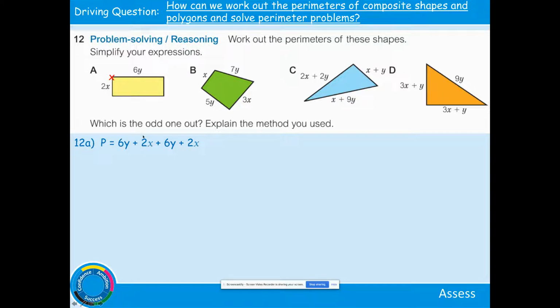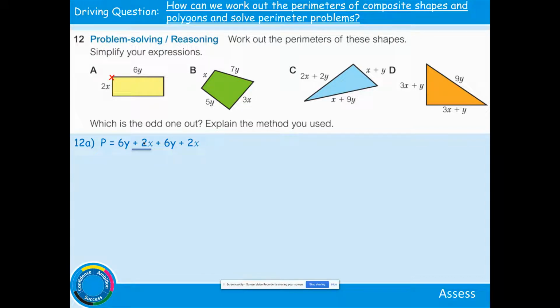Okay, now we normally do these alphabetically. And we normally work these out alphabetically when we've got these unknown quantities. So x comes before y, so I'm going to look at x's first.